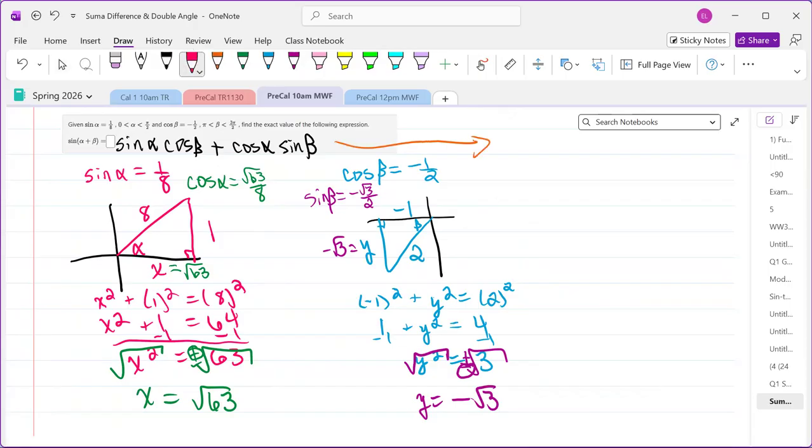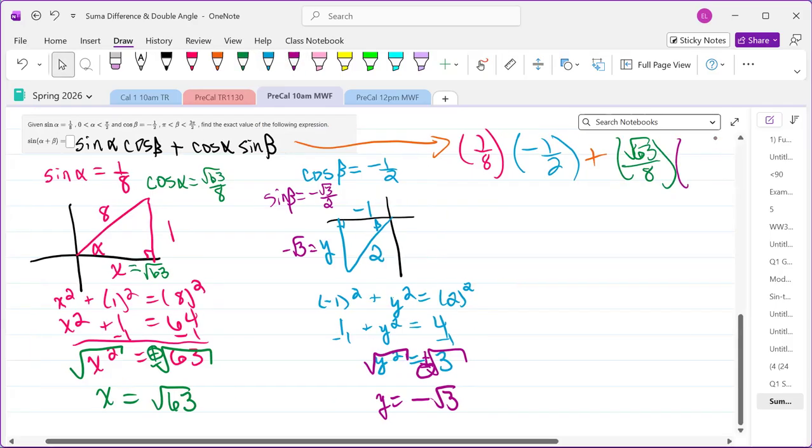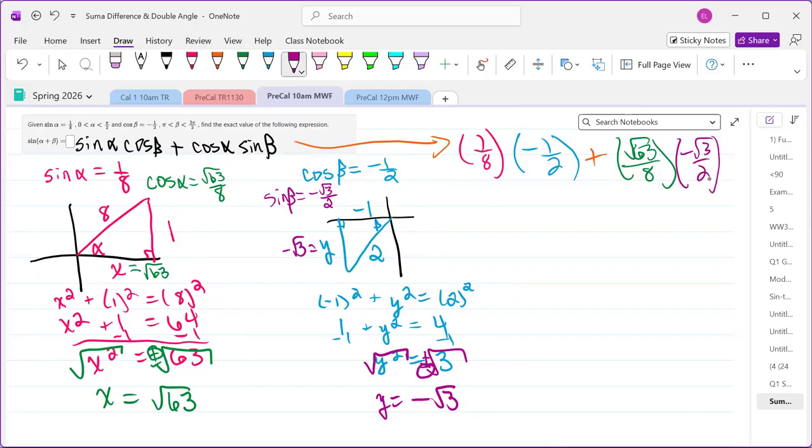So sine of alpha is 1/8, cosine of beta is negative 1/2, plus cosine of alpha, square root of 63 over 8, and sine of beta, negative square root of 3 over 2. Now you can multiply if you want, but you can type in that right there and WebWork will take it, and I will take that on the test.